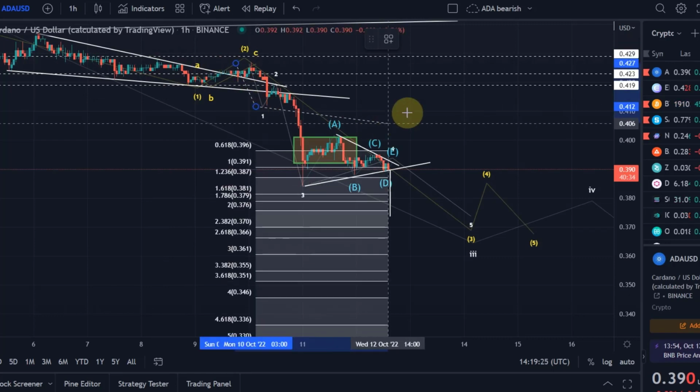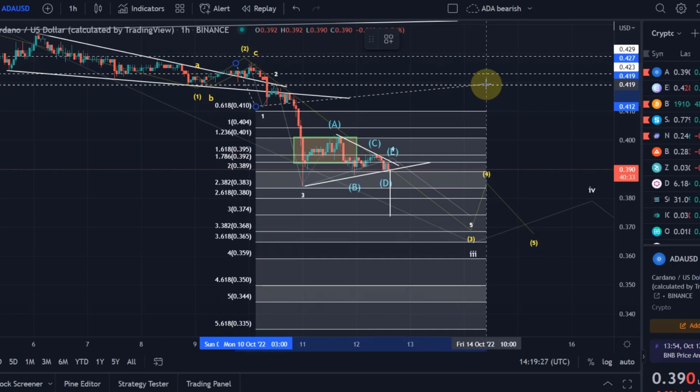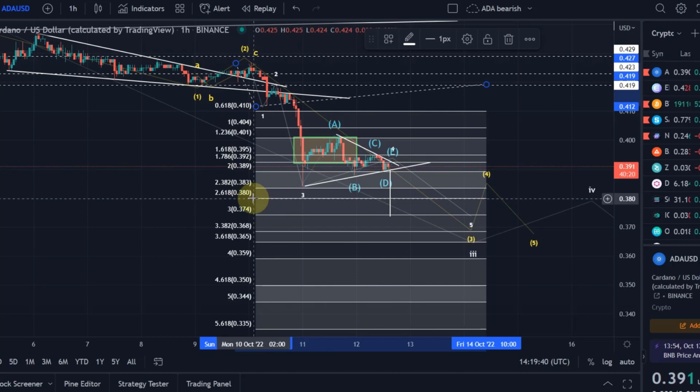Now that is pretty accurate, I think, in line with the target that we used based on the extensions. Because in the last video, I'm pretty sure I gave you a target level, roughly here the 38-cent level, I believe it was, as a first target, which would be the 2.618 extension for the end of this imminent 5-wave move.